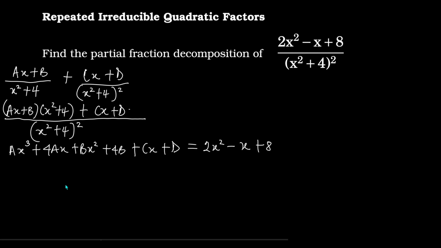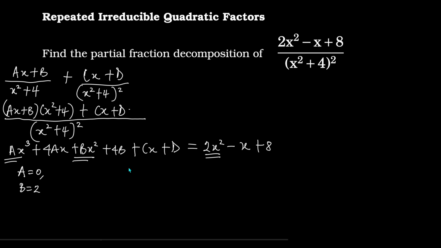Again, match for match. We have ax cubed, no ax cubed on this side, which means a equals 0. Now let's take the squares. Bx squared, we have 2x squared, which means b equals 2.